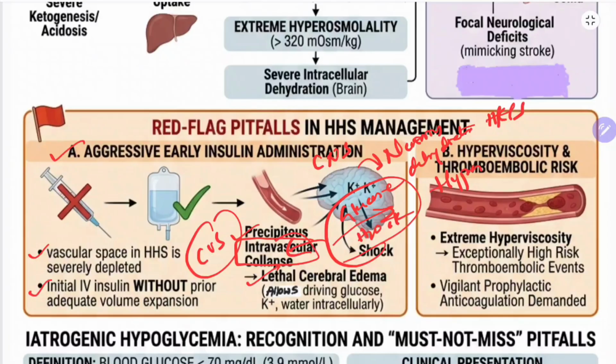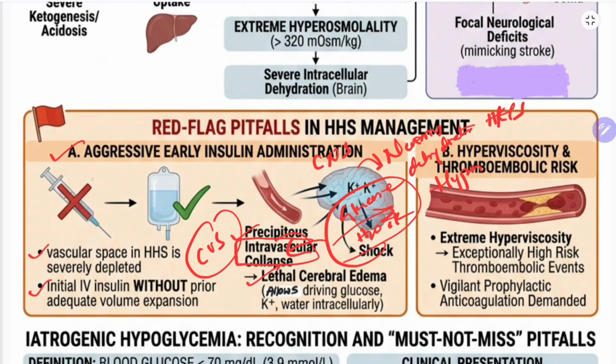Okay, that's why in both DKA and HHS, first fluid correction is always required, then measure the potassium concentration, because sometimes potassium concentration will be low in these patients initially, and because you are giving fluid therapy, because of dilution, potassium concentration will fall.